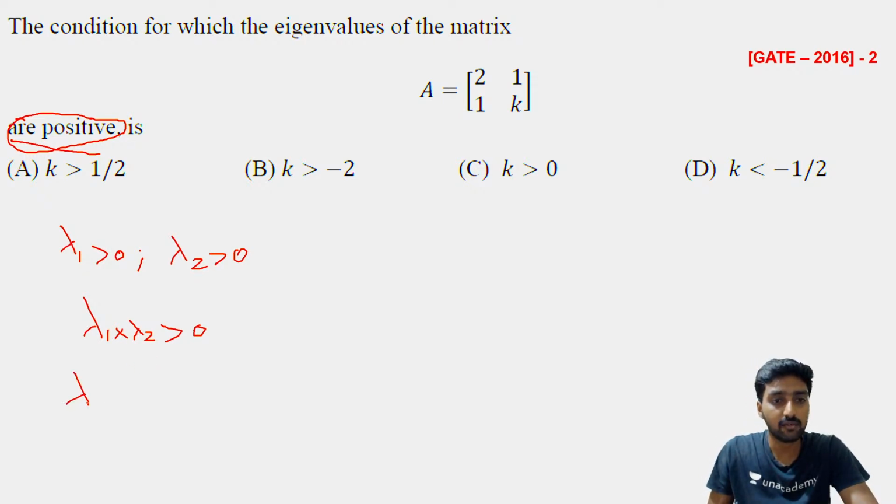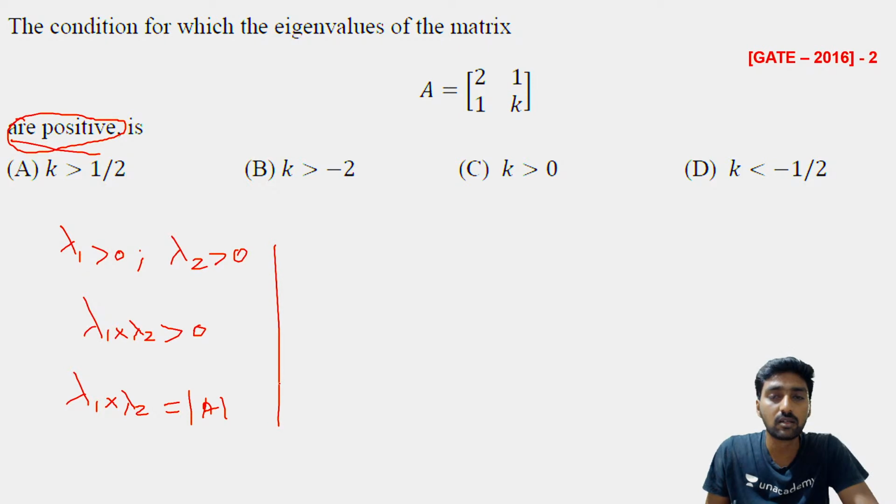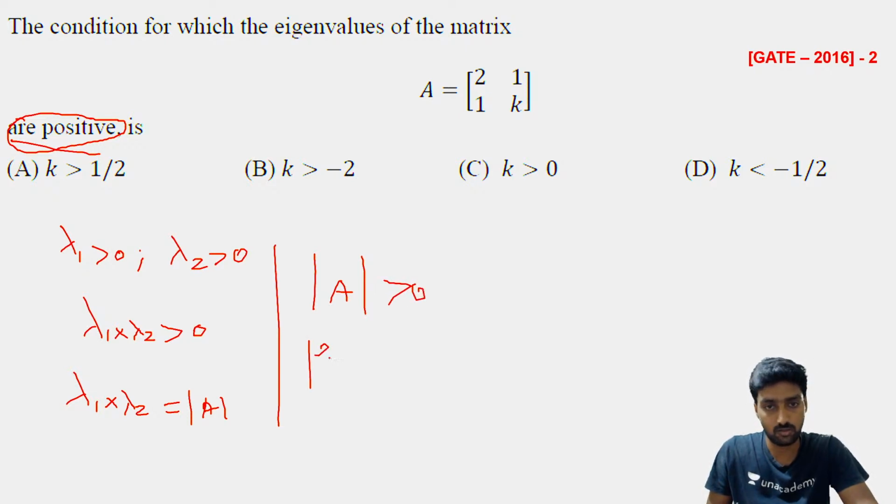So we all are aware of it. Lambda 1 into lambda 2 must be equal to the determinant of matrix A. Therefore the determinant of A must be greater than 0, right? So here, determinant of [2 1; 1 k] must be greater than 0.